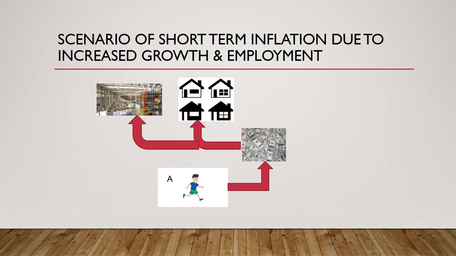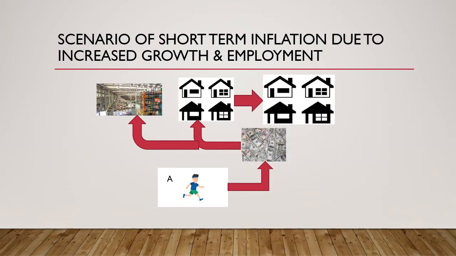Also using that money, he invests some of it in real estate, because of which the prices of real estate rise. Also, he gives out salaries to his workers who build that factory, and employees who start working in that factory.